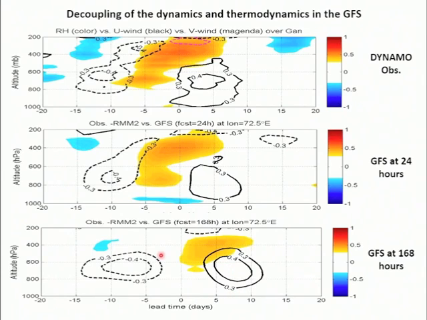So what we see from these pictures is a very fast decoupling between the dynamics and the thermodynamics in the GFS, and this coupling is suggested by many theories as very important for the evolution of organized convection towards the east.